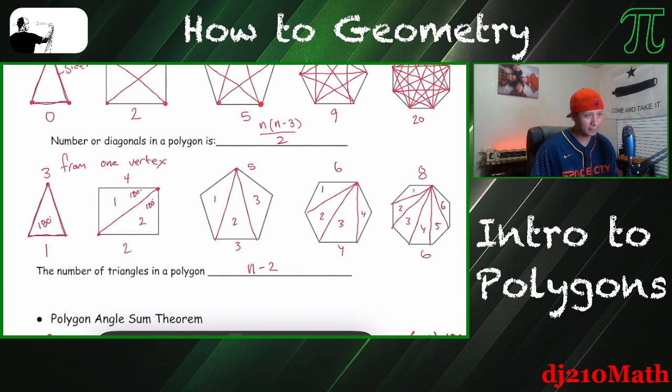So if you look at the pattern relating the sides to the number of triangles, the triangles are always 2 less than the number of sides, right? Sides being n, so n minus 2. That is the pattern for the number of triangles in a polygon.